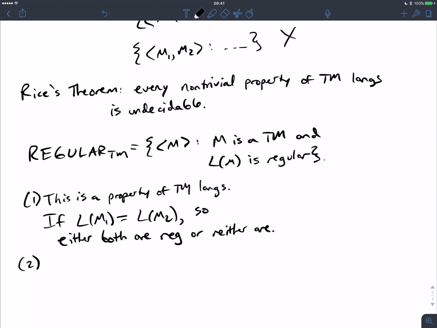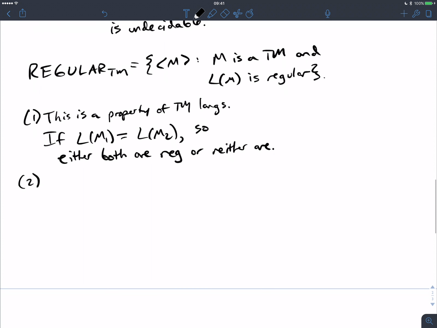Is there an example of a Turing machine that has regular language? How about just the machine that rejects everything? That's a perfectly valid example.